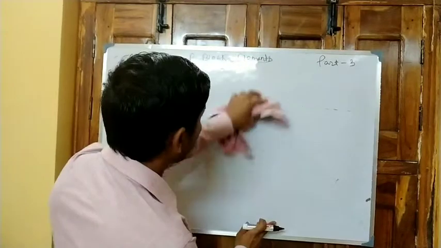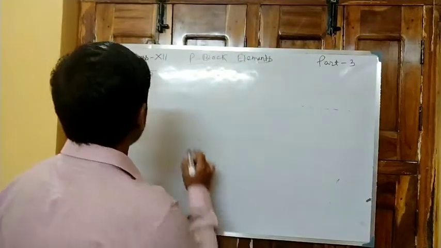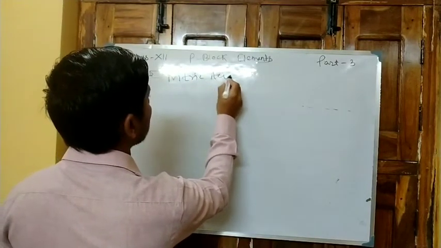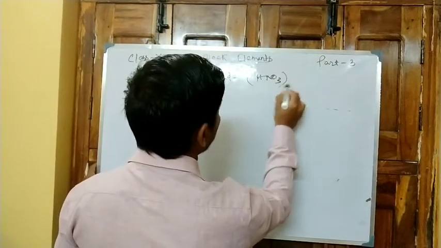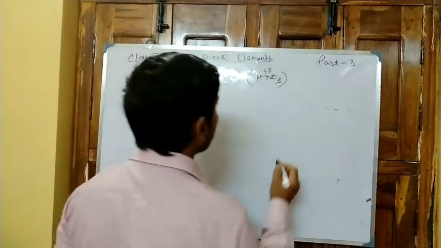Next one, compound of nitrogen, that is nitric acid, HNO3. Here the oxidation state of nitrogen is +5.